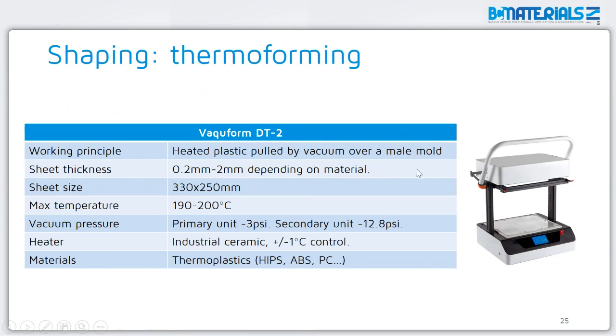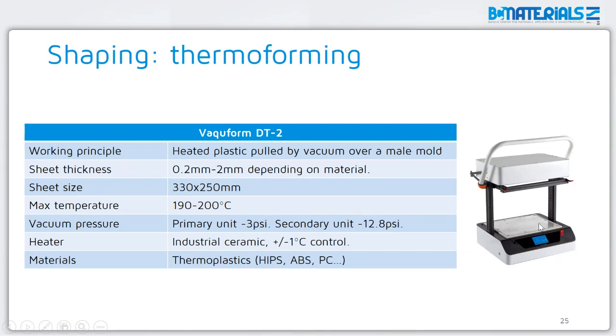In this case, we can work with plastic sheets between 0.2 millimeters and 2 millimeters. The sheet size is 33 by 25 centimeters. I think we can work with smaller materials, but we need to make some adjustments and play some tricks. The temperature range of the machine goes up to maybe 200, 210 degrees.